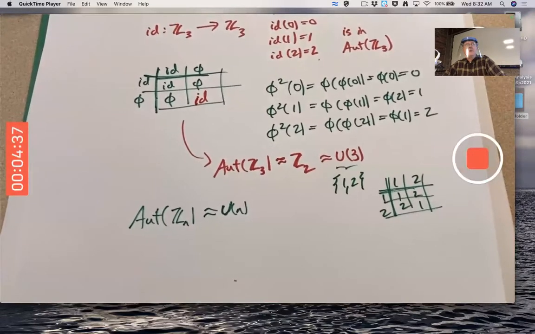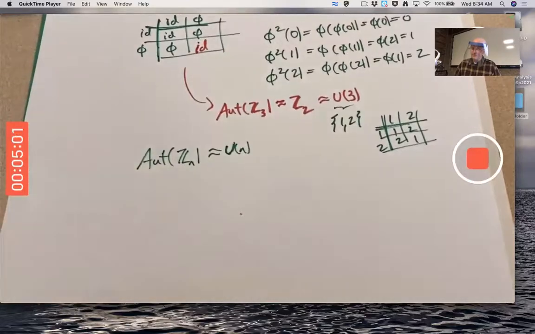Z4 is one of them, up to isomorphism. In other words, cyclic of order 4, but there are non-cyclic groups of order 4. We've seen examples, I think, like U10, U12, I think those are examples. No, excuse me. U8 is an example of a non-cyclic group of order 4.